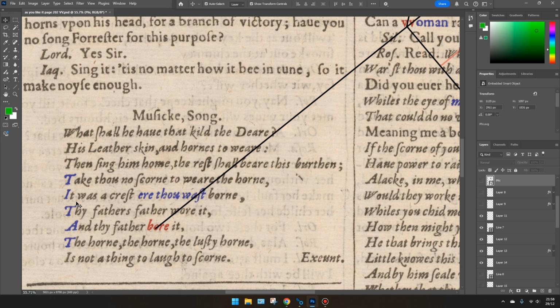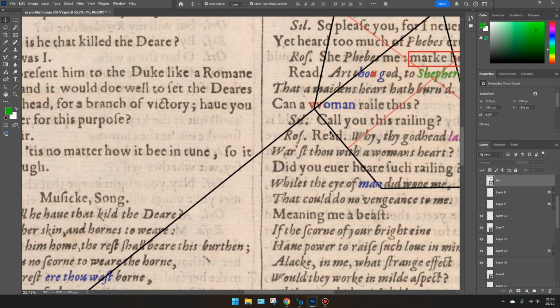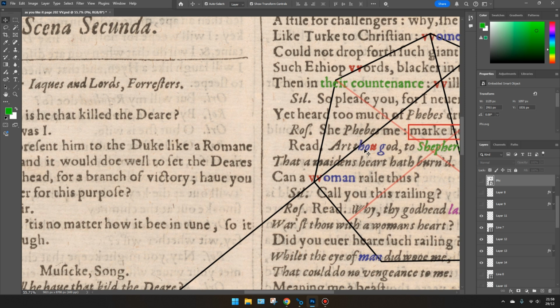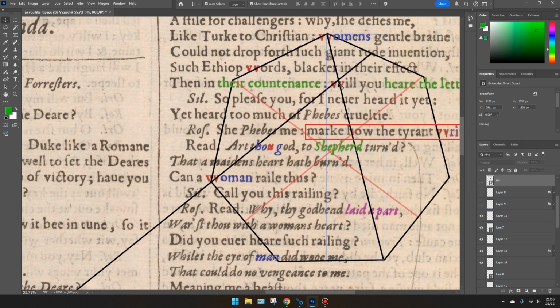And we've got basically ere thou wast, or here he was, and we've got bore, BORE, and if we just follow that line up, it does go through the VV. It takes in the new word of hog, and it catches the VV here, which is spare, and we go back up to the rude invention.